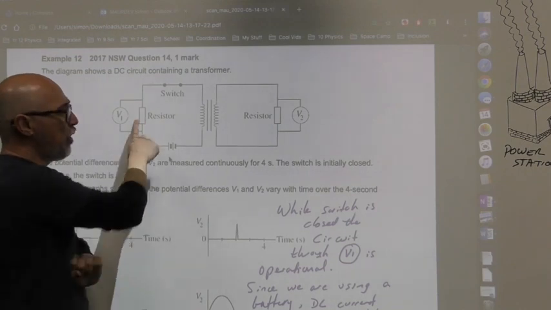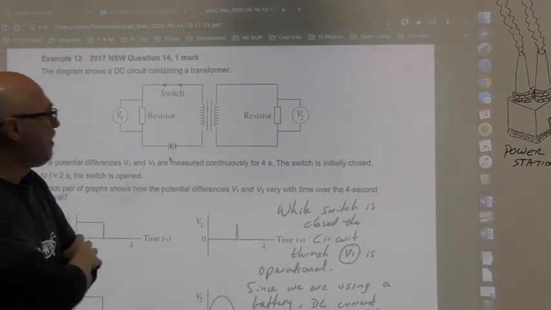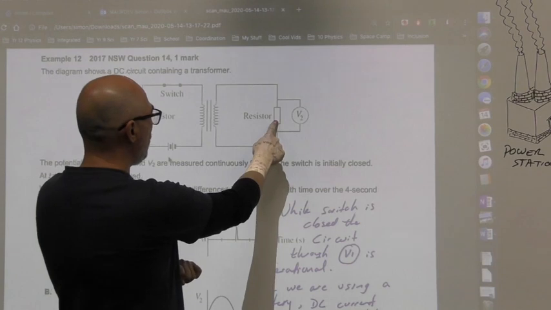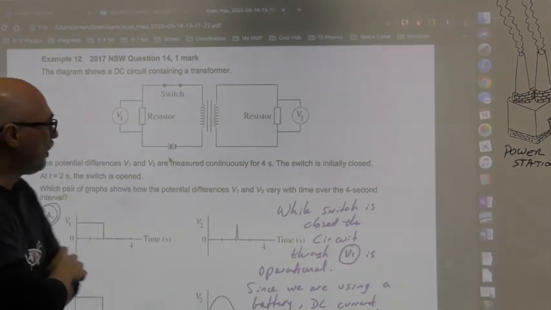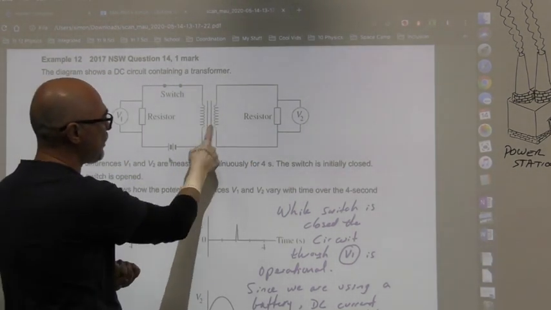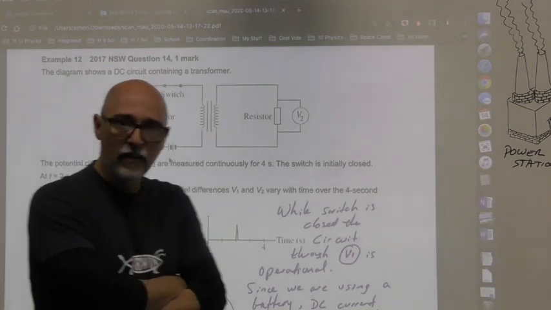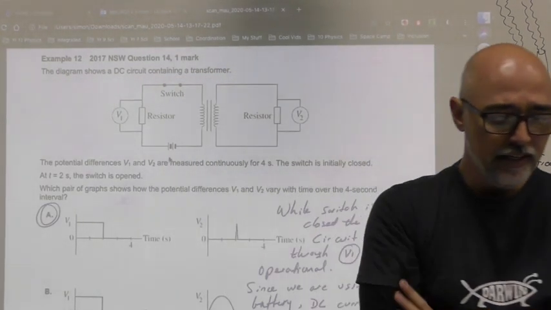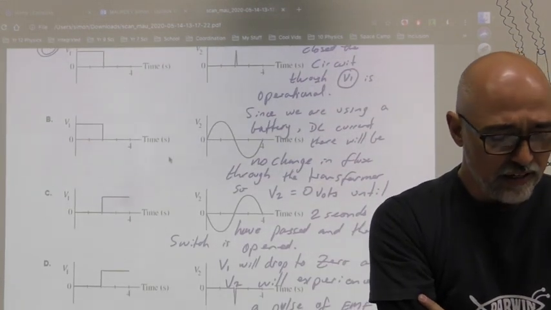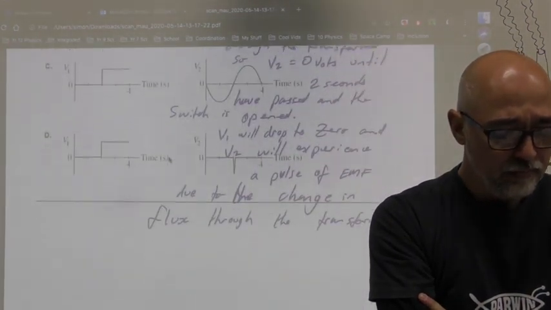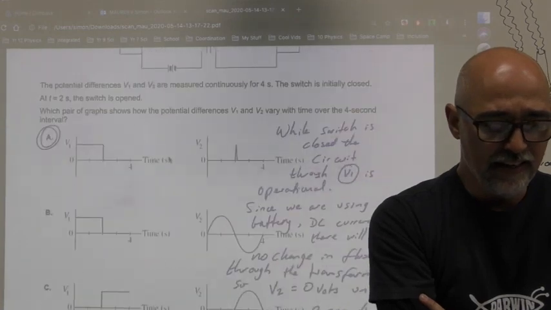Will this component work? Well, no, it won't, because this transformer requires an AC supply to make it work. So you can see that already. I'll leave the rest of that for you to look at. There's a lot of explaining there, as you can see, if you get stuck on that one.